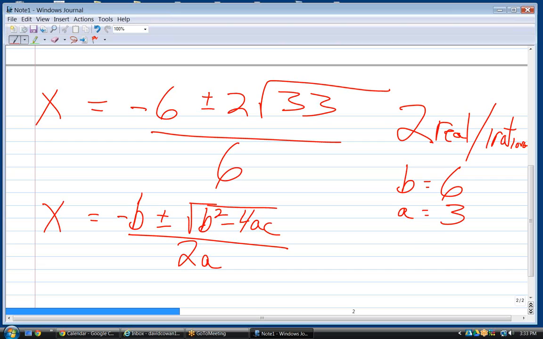And this is a little tricky because of this 2 here. For the sake of argument, let's put that 2 back inside the radical. Okay. So that the radical becomes that. See what I did? Okay.